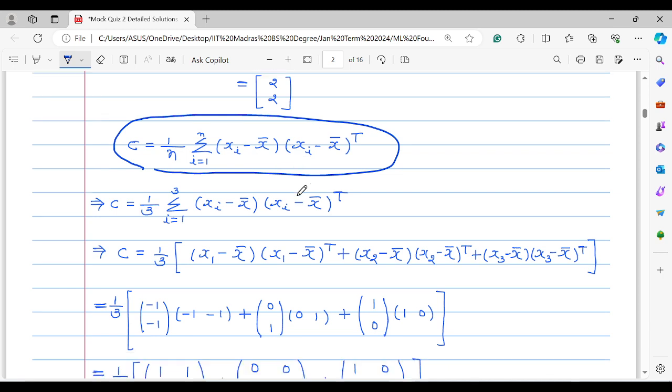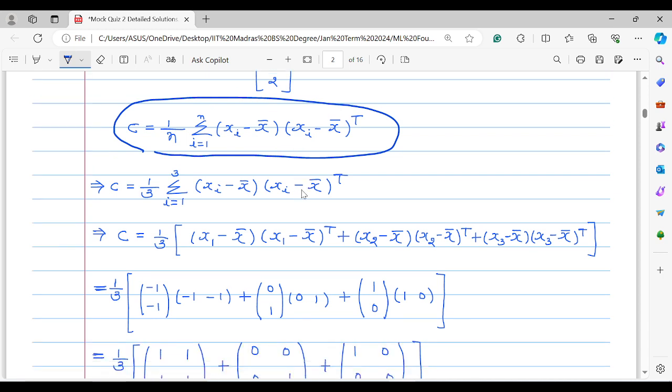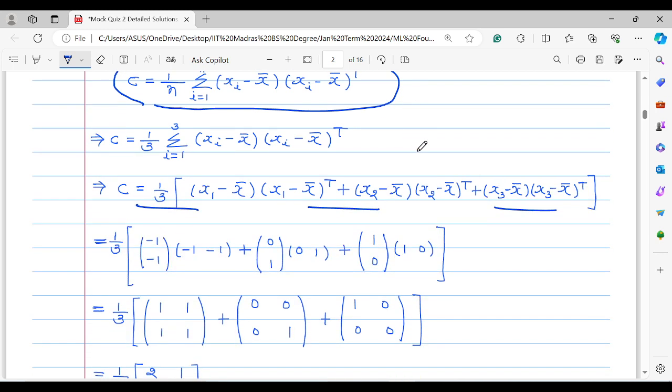So simply expand this expression for three vectors and get this, and then simply calculate x1 minus x bar, which is (minus 1, minus 1), and take the transpose, just substitute this, and x2 minus x bar we substitute this, x3 minus x bar we will get this.